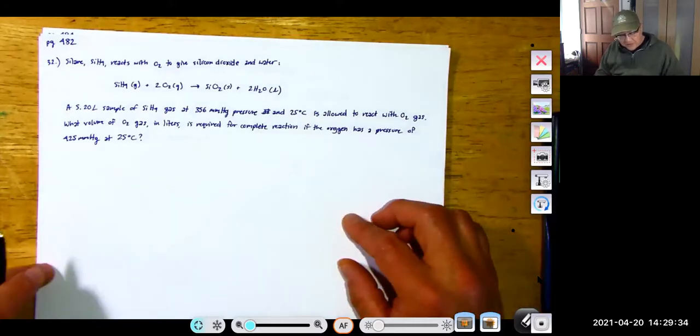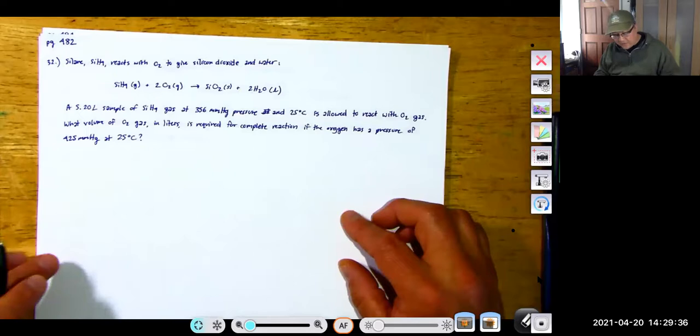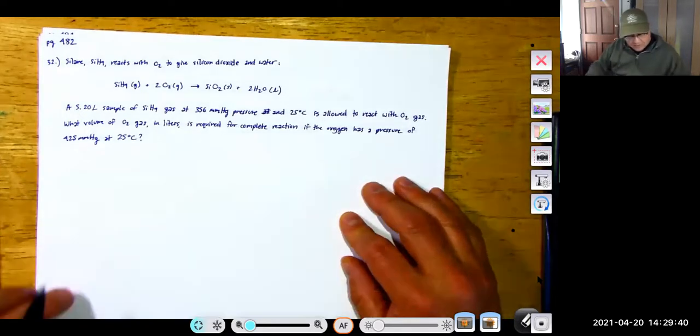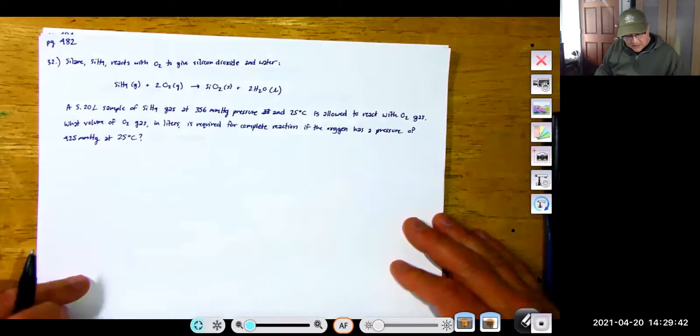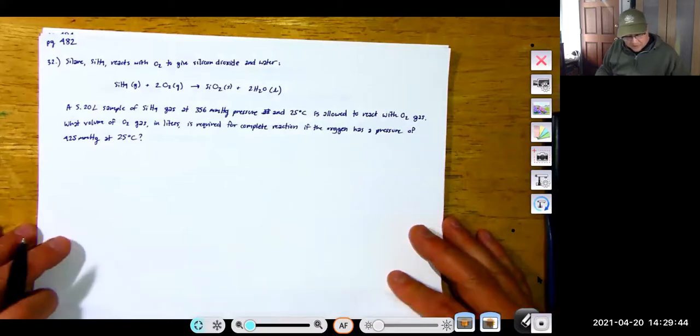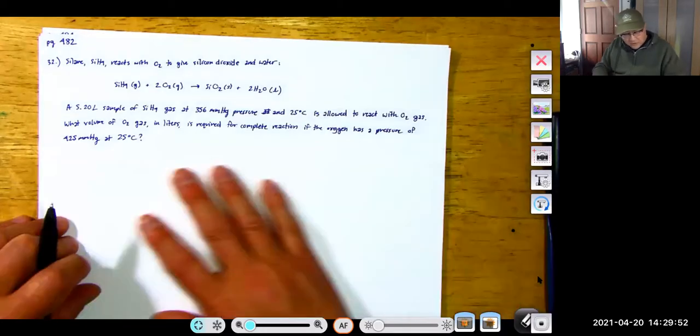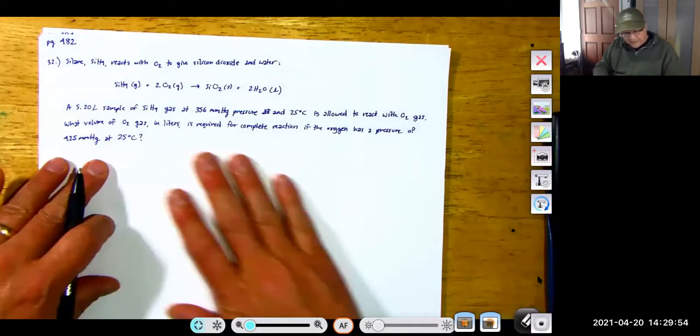What volume of O2 gas in liters is required for complete reaction if the oxygen has a pressure of 425 millimeters of mercury at 25.0 degrees Celsius?